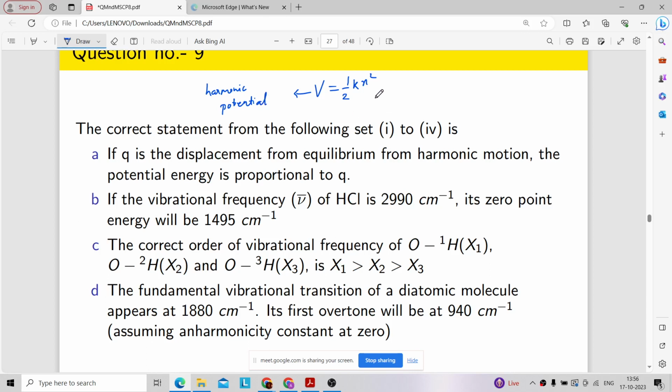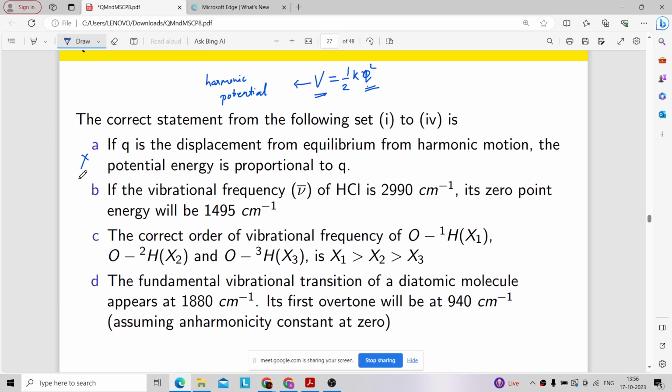Here the displacement is given to be q, so this x will be replaced by q. So the potential is proportional to the square of the displacement. It's not directly proportional to q, it's proportional to q square. So this is not correct.